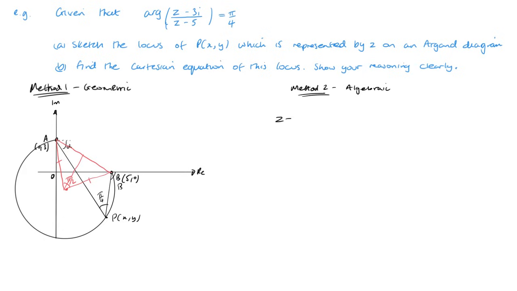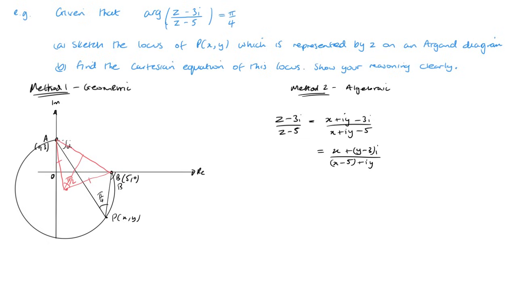So z minus 3i over z minus 5 is x plus iy minus 3i over x plus iy minus 5, which is x plus y minus 3i over x minus 5 plus iy.